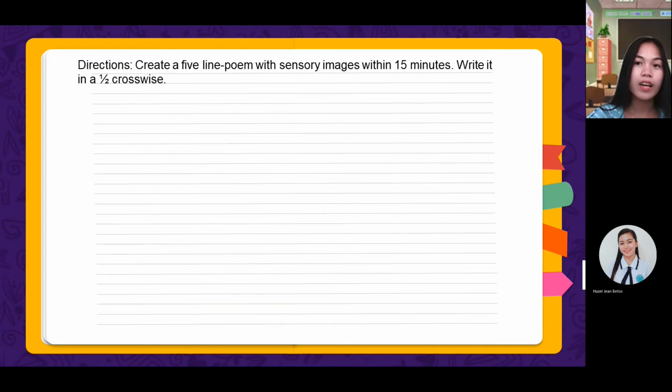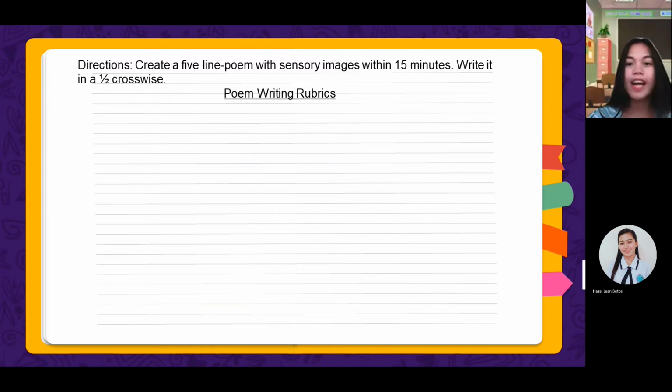Is that clear? All right. This is the rubrics. Okay, your 15 minutes starts now. Time is up. So class, please send your output in our general chat box so that I can see it and record your grade for that output.